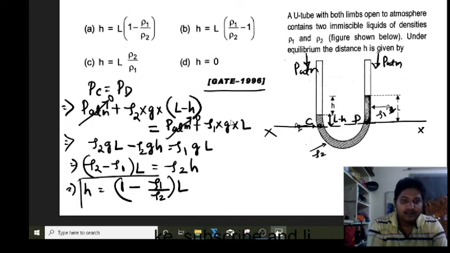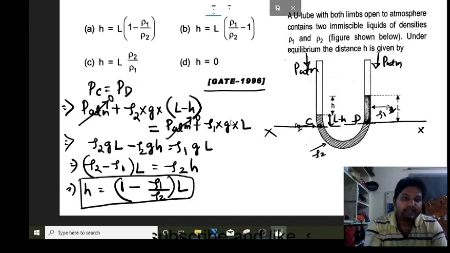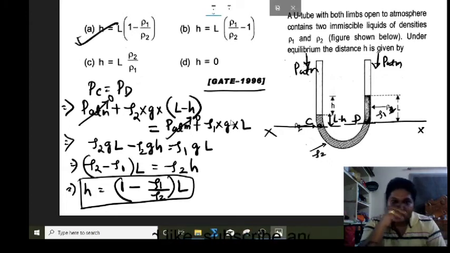So H will be equal to L into (1 minus rho 1 by rho 2). This is my fact.